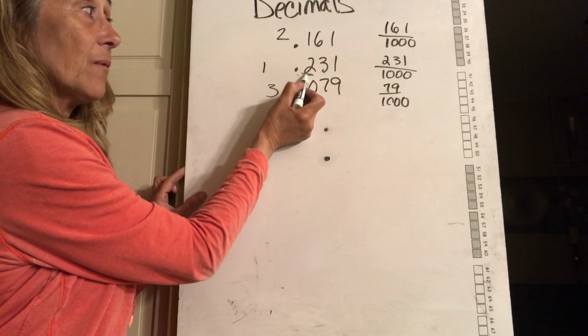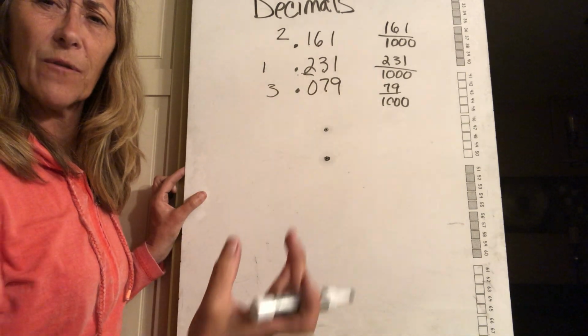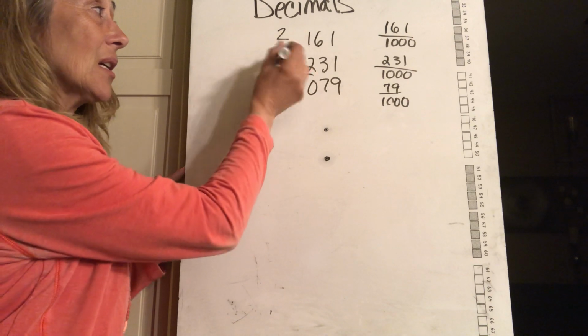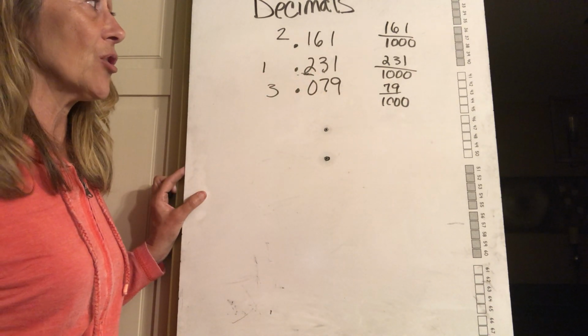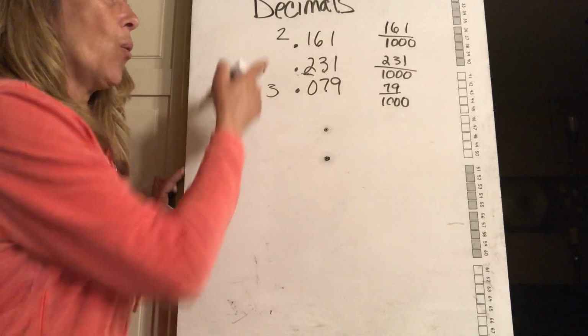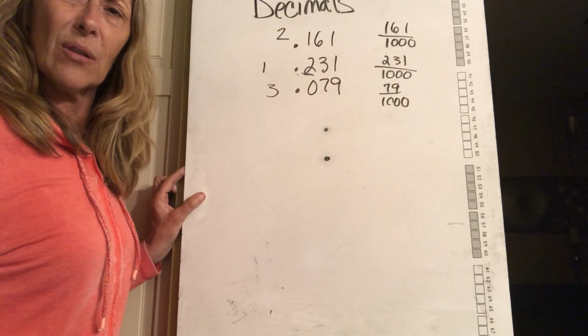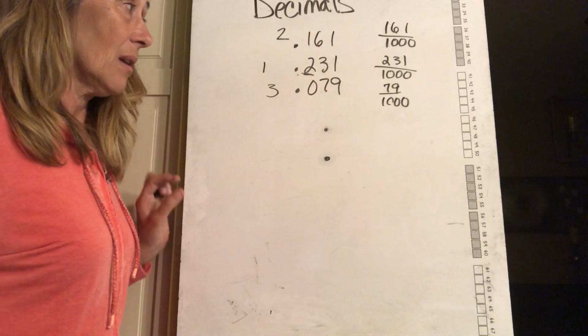So this first number past the decimal, I'm looking for the one that's closest to a whole. That's the largest number. So 231 1,000ths is more than 161 1,000th, or 79 1,000th.